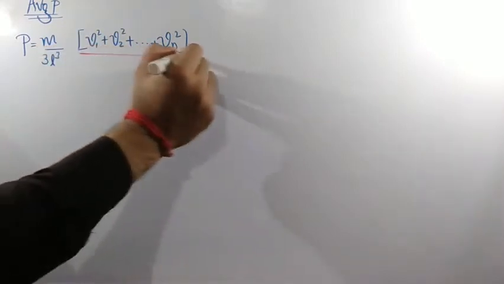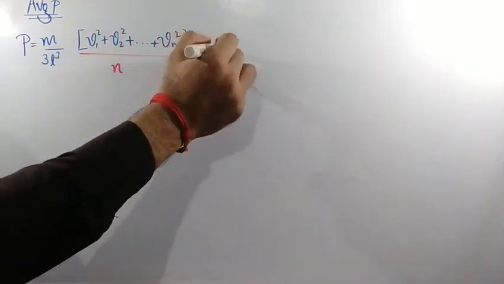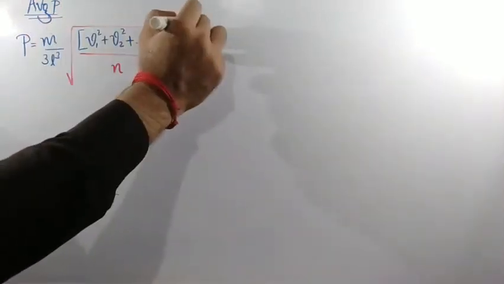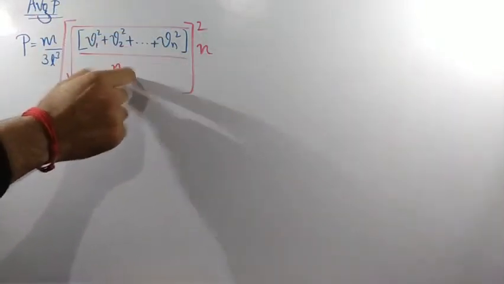At this point we had stopped. But what I am telling you, I am dividing with n and multiplying with n, and here I am taking the square root, and here I am squaring this term. Clear? Root of mean of squares of velocity.